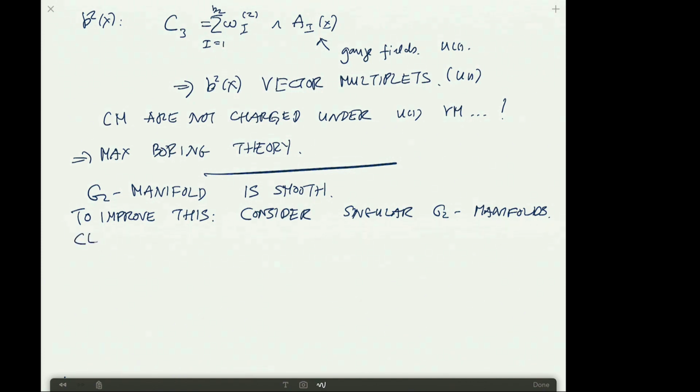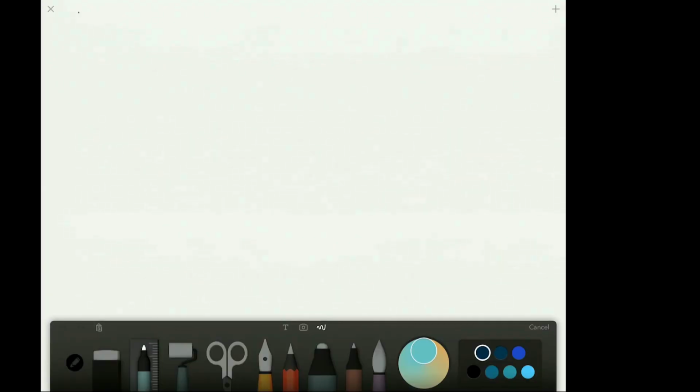And the clue, as I said, is to consider C2 mod gamma ADE somehow embedded into a G2. So before going there, let's first think about what the dimension reduction of M theory on such a non-compact K3 manifold is. Step one: let's consider M theory on C2 mod gamma ADE.